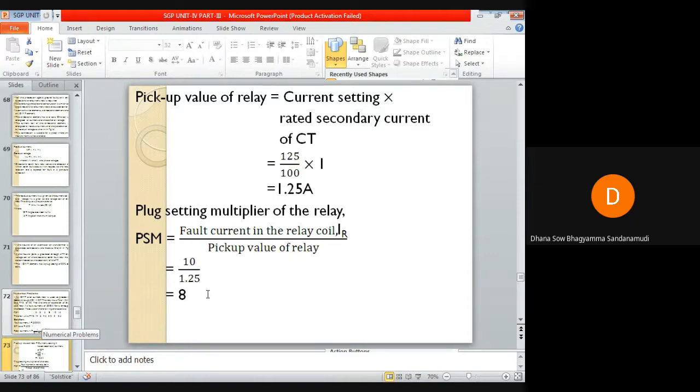So 10 by 1.25 you will get 8. Complete it and inform me. Completed, very good.